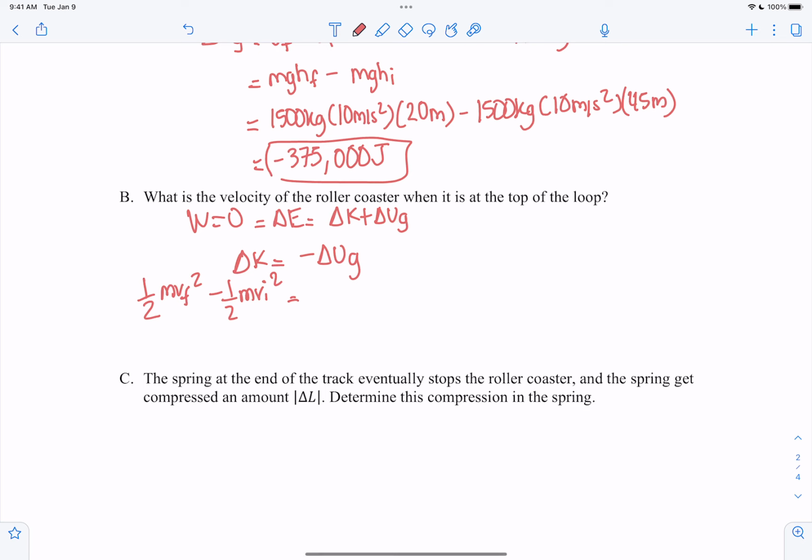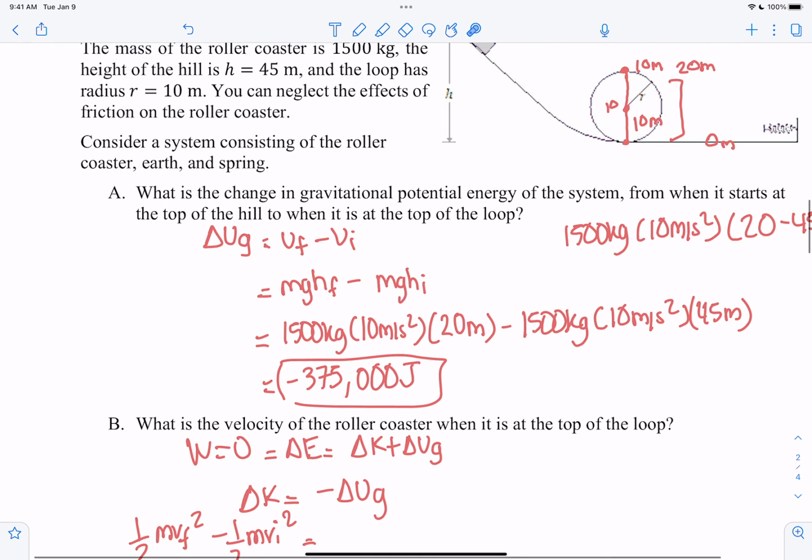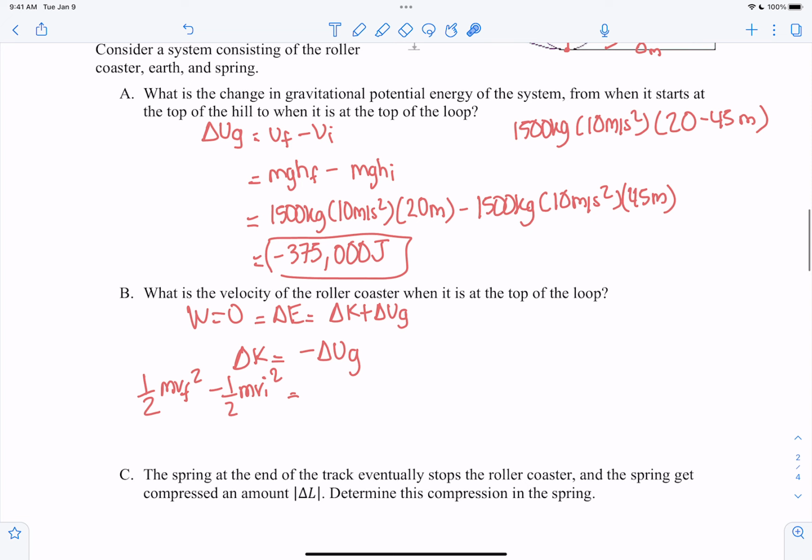And then the change that I see here, there's an issue with this a little bit. The issue is that I calculated the change in gravitational potential energy, and that change was negative 375,000 joules. What this is telling you here, negative delta UG, you wouldn't just say, oh, this is negative of negative 375,000 joules. You would not be able to say that.